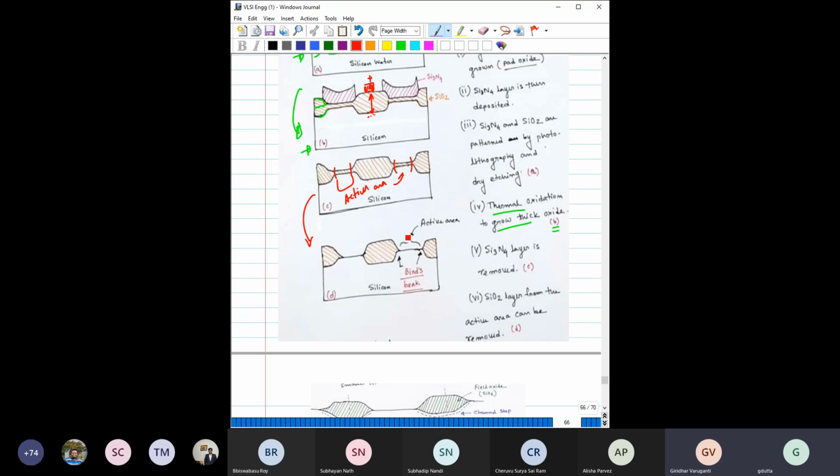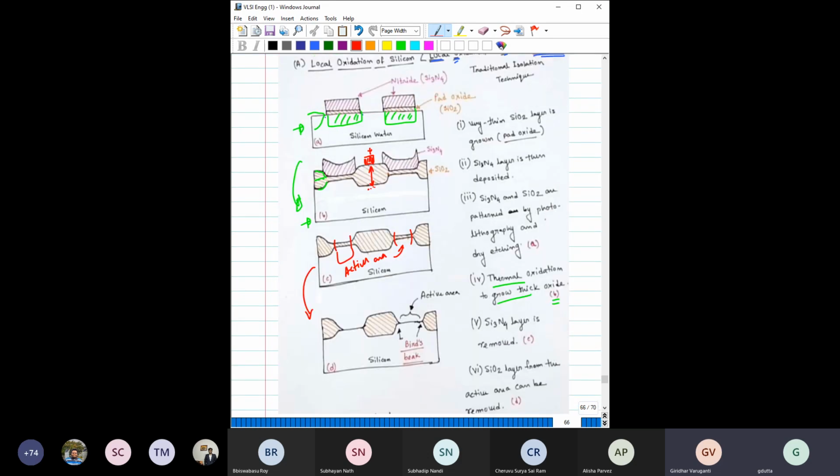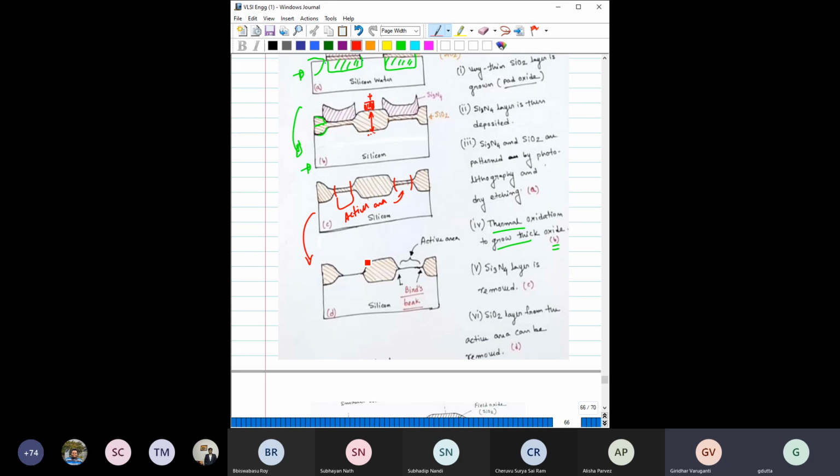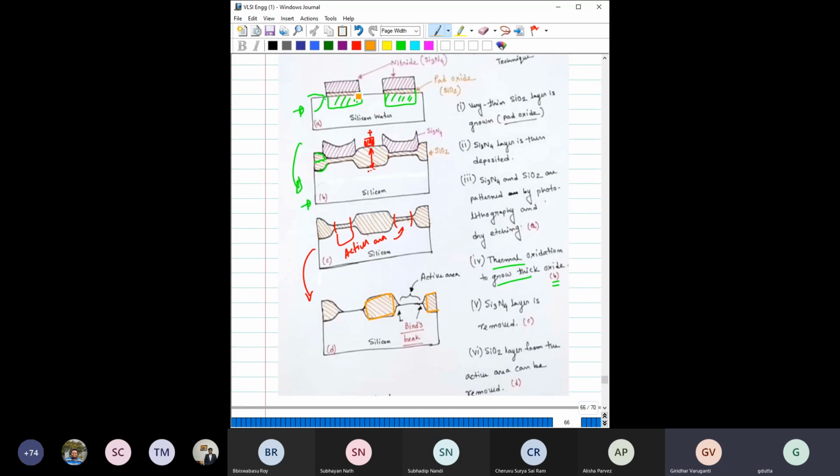While you do this, you can see that what we could have wanted or preferred is this type of structure, here and here. But you can clearly see that during oxidation there will be some oxidation here.